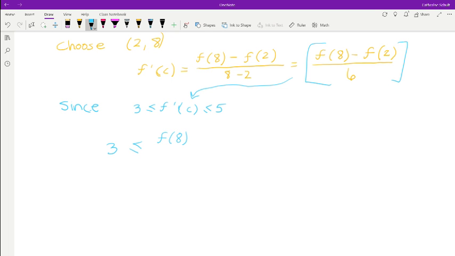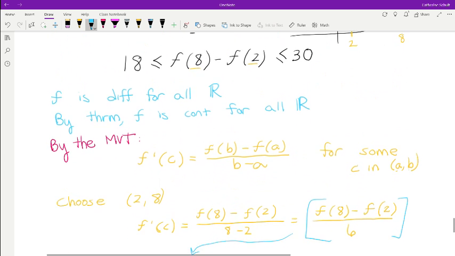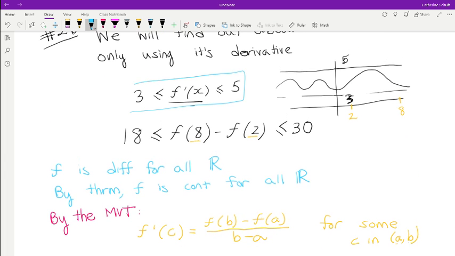So a little substitution. All right, and then we're almost done. Let's get rid of this denominator. We can multiply all 3 parts by 6. And that's exactly what we were trying to show. So we're done. Just given this little piece of information, we were able to prove that f of 8 minus f of 2 was between 18 and 30.